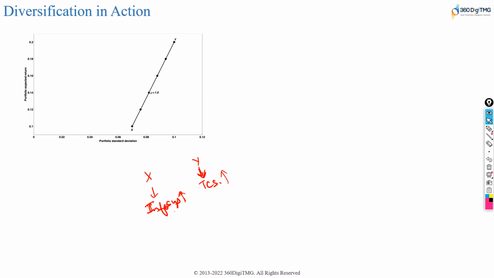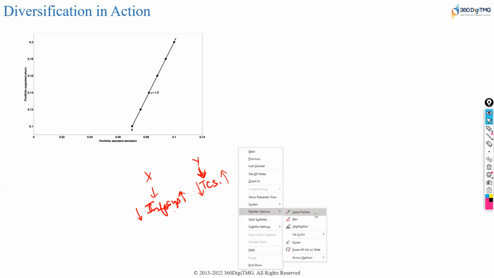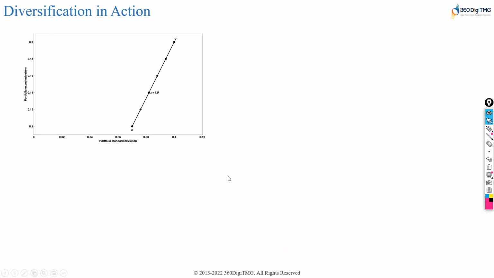Both are Indian-based companies. Both are into information technology. If one is doing well, another also will do well. But then, if your markets are bad, if one goes down, another also goes down. If Infosys goes down, TCS also goes down. This is a very bad scenario.